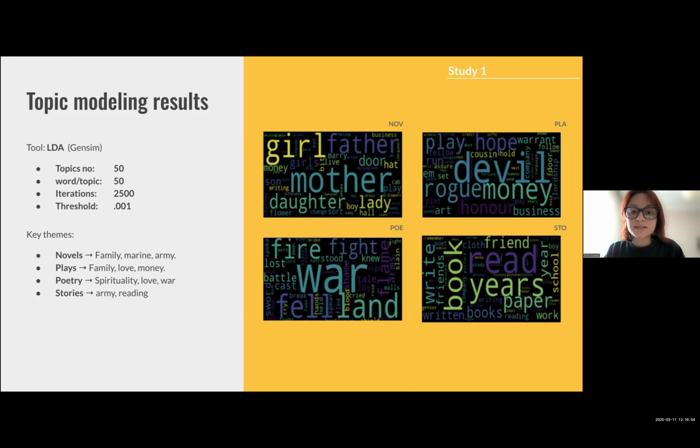The results have been displayed in the practical form of word clouds. We won't go further here. We can see the dominant topics of 4 text categories and an indicative topic cloud for each of them. I included here the cloud of the family topic for the novels, the money topic for the plays, and the war and reading topics for poetry and stories, respectively.